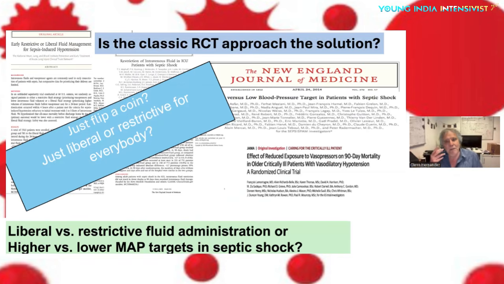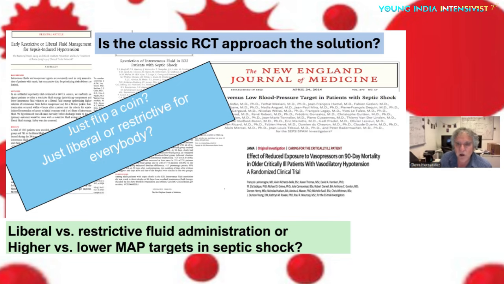And this is a basic problem here, because if you follow the classic RCT internal medicine approach to research this, forgetting the extreme heterogeneity of septic shock patients, then you will come up with nasty studies like liberal versus restrictive fluids in the ICU, where you flip a coin, and patients that are totally prone to fluid overload, by chance get the liberal fluids, and a patient that is extremely hypovolemic gets the restrictive.